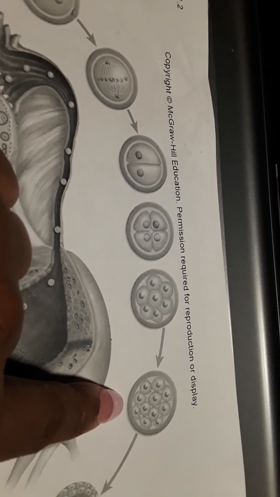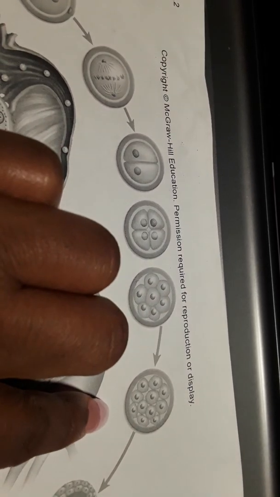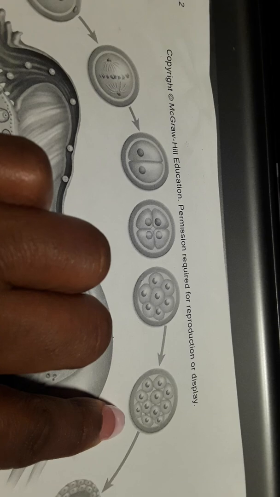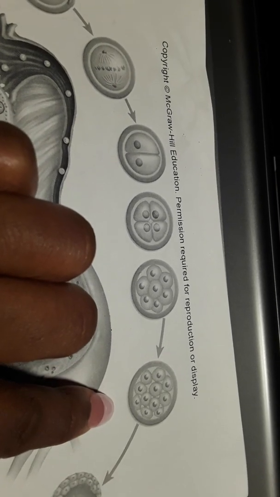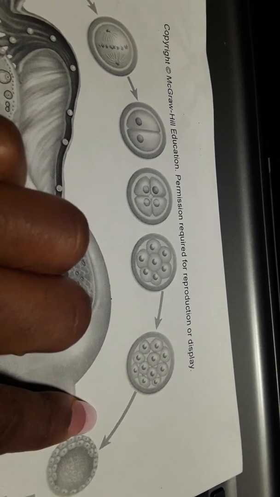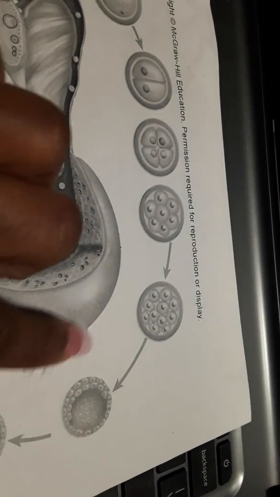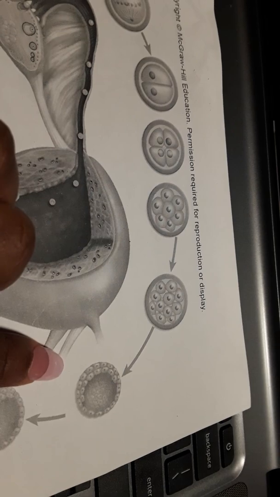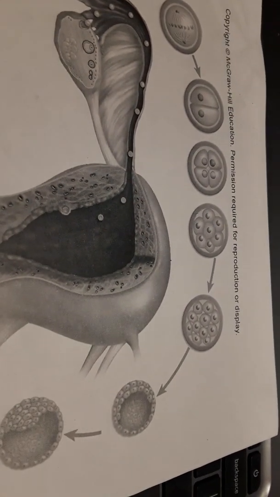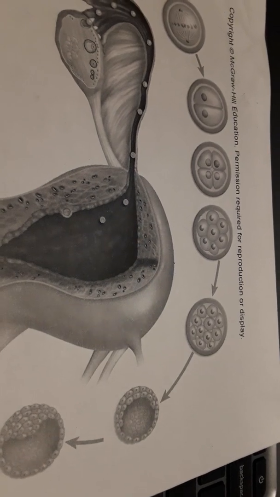72 hours later, you have what they call a berry-shaped cluster. They also call it a little mulberry. The embryo continues to be transported toward the uterus around day 4, day 5.